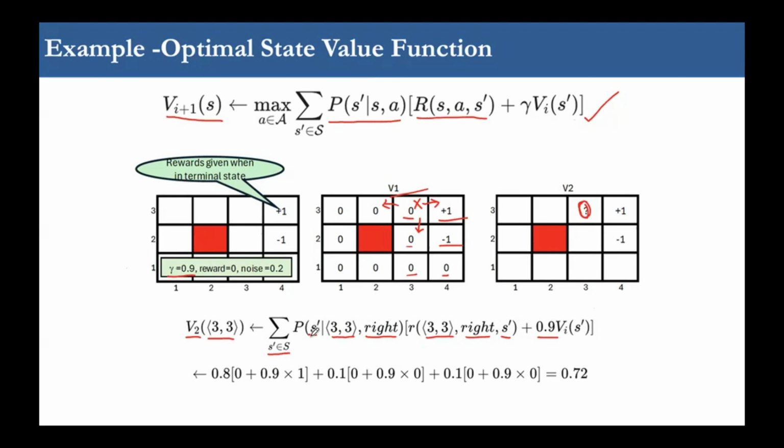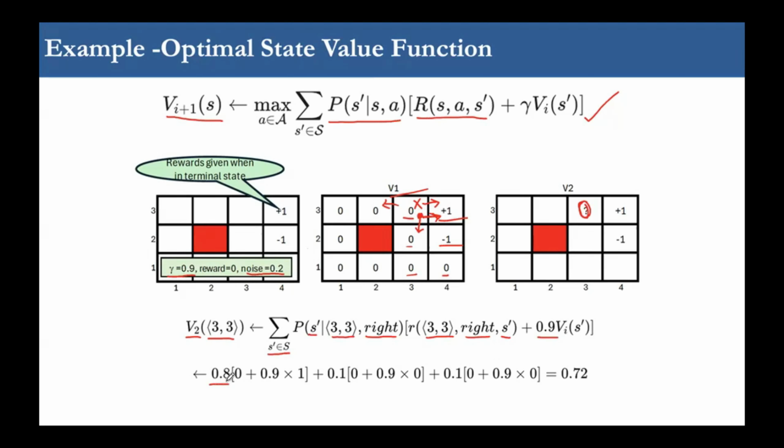So first we have the probability of S dash given 3,3. For example, if it is right, so from 3,3 it is moving towards the right direction. So it is a good move. If it is a good move, here we have mentioned the noise as 0.2. So if it is a good move, then 1 minus 0.2, so it is 0.8.